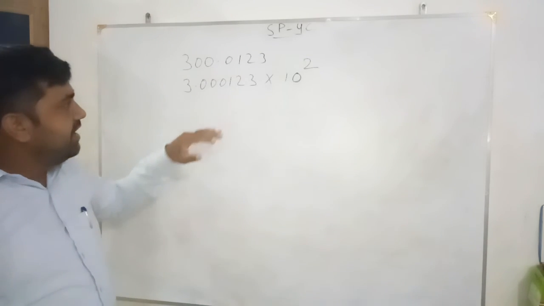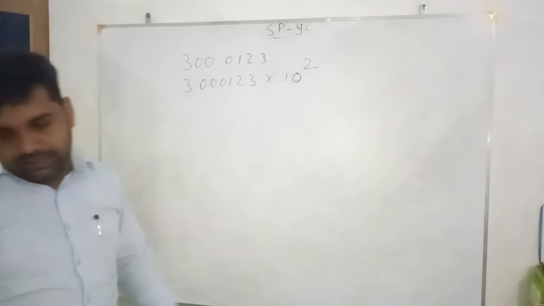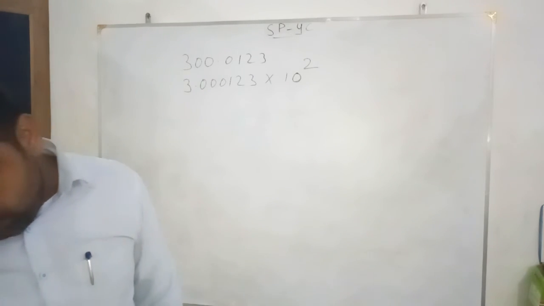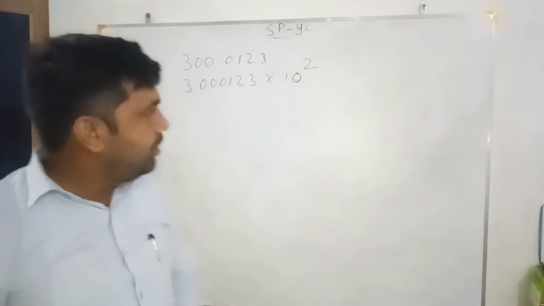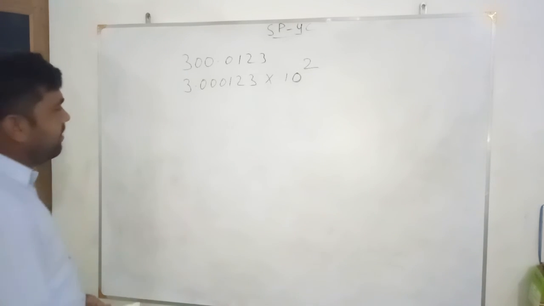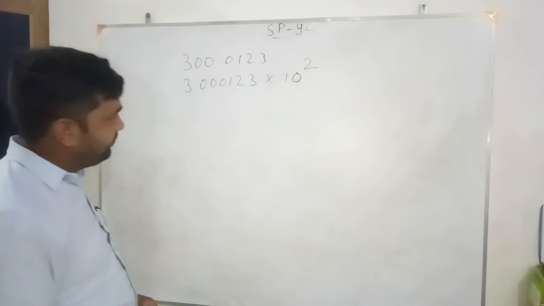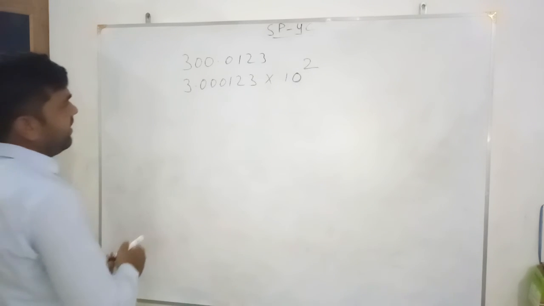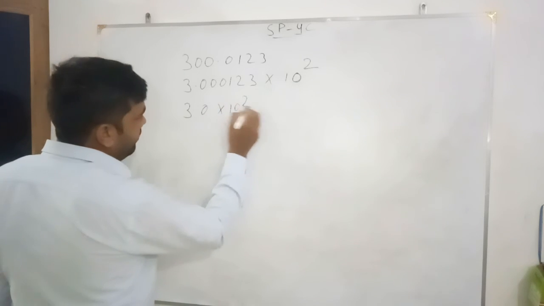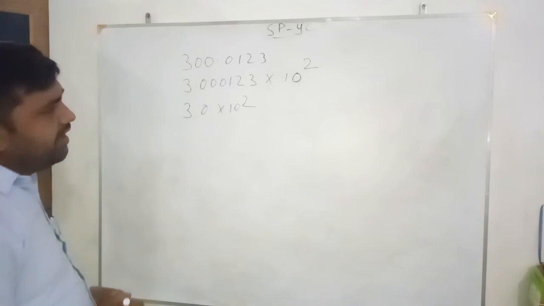So this number can be expressed in scientific notation, in the standard form, like this. In short, we can also write this number as 3.0 into 10 to the power 2.